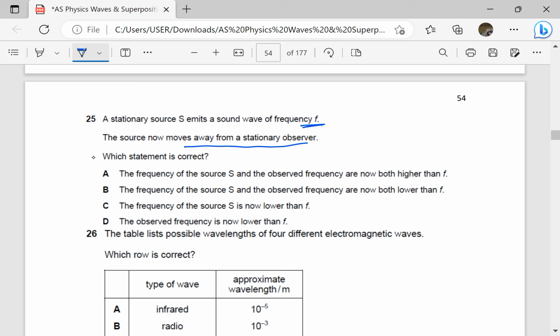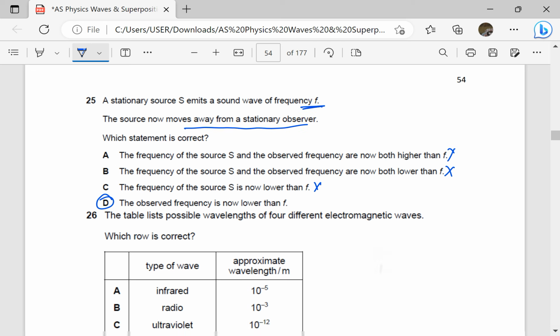The frequency of the source will not be changing. It is the observed frequency which changes. The frequency of the source S and observed frequency are now both lower. The frequency of the source does not change. The frequency of the source S is now lower than f. The frequency of the source is not changing. The observed frequency is now lower. It is the observed frequency which becomes lower.